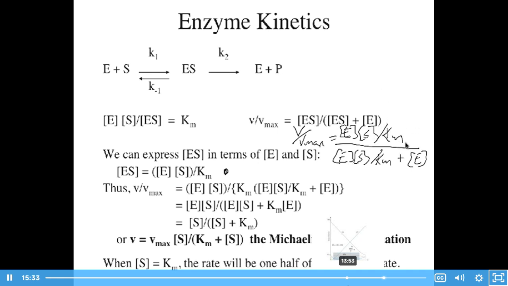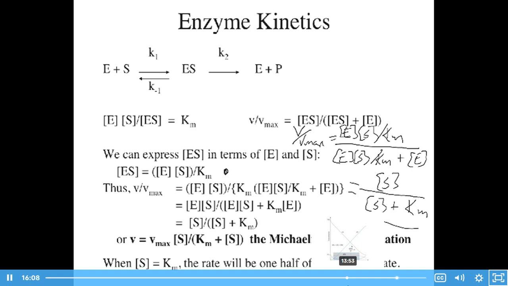I'm going to multiply both the top and the bottom by Km over E, so all the E's will cancel out. I'm going to have S on top left over, and on the bottom I'm going to have S as well, plus Km. So this is what I end up with, S over S plus Km. And that's the Michaelis-Menten equation. V over Vmax equals S over Km plus S.